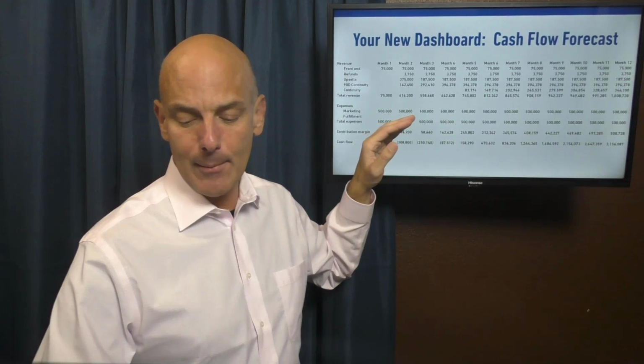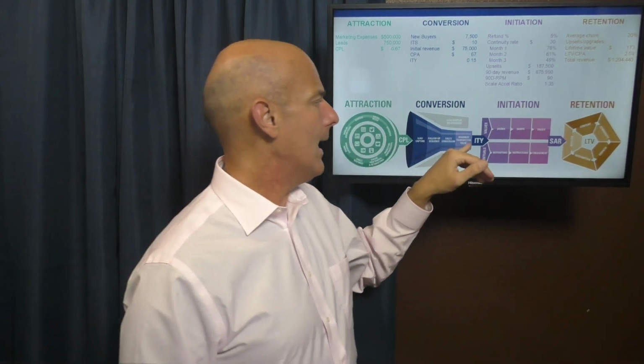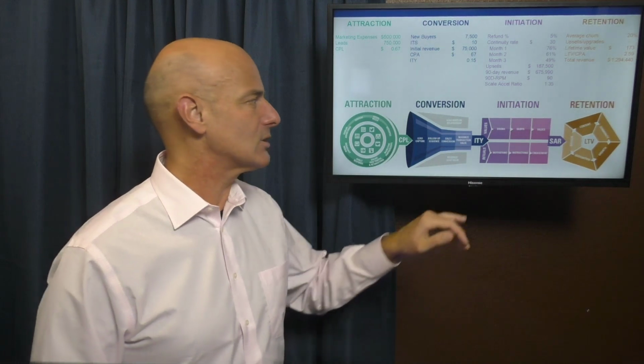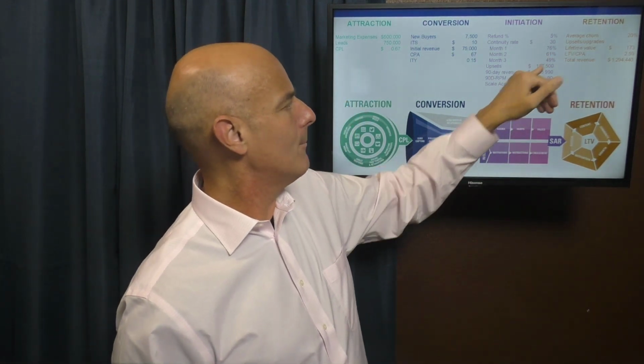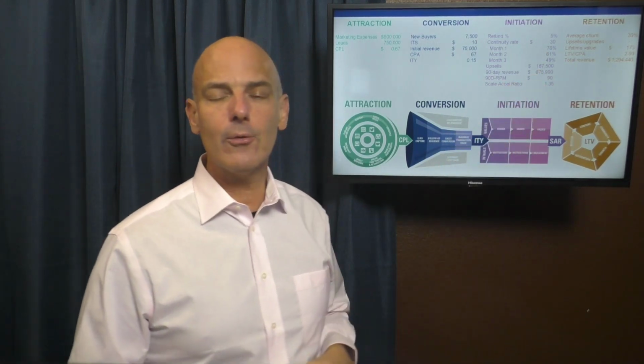When you're able to look at the dashboard and look at these key systems, you can say, hey, how can we impact that initial transaction and increase that transaction value? Or, you know what, right here we've got a drop in month 3 to 49% of the subscribers that we started with. How can we have a positive impact from month 2 to 3?